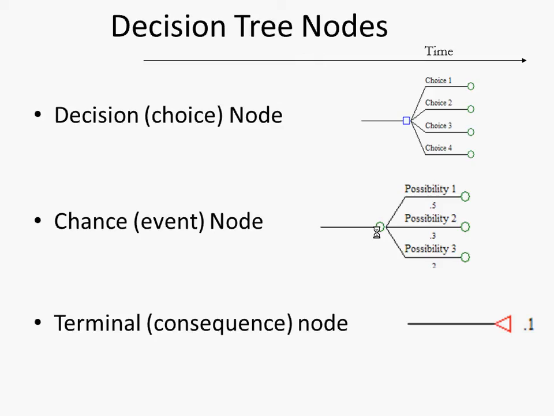Suppose I were to say, same coin, 50% heads, I'll pay you $100,000. 50% tails, you pay me $100,000. How many people would play that game?